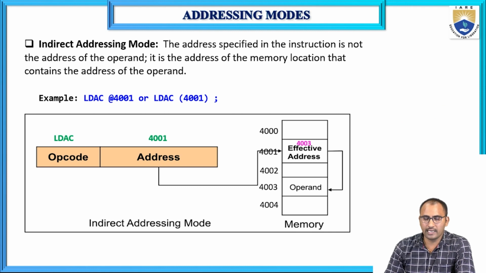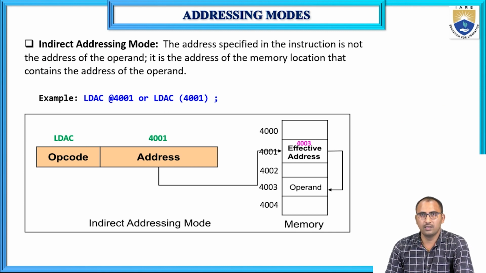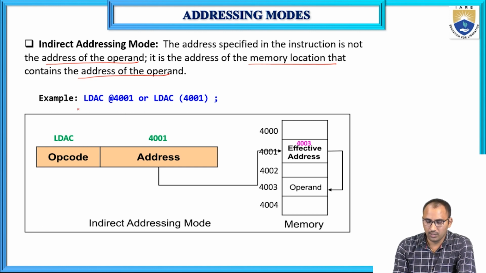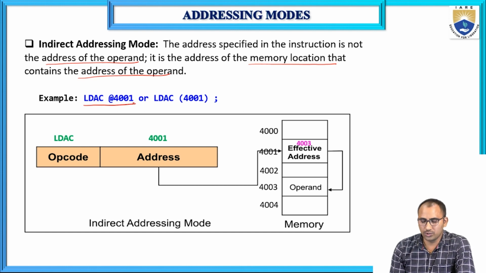And coming to the indirect addressing mode. In indirect addressing mode, the address specified in the instruction is not the address of the operand. It is the address of the memory location that contains the address of the operand. For example, LDAC @4001.